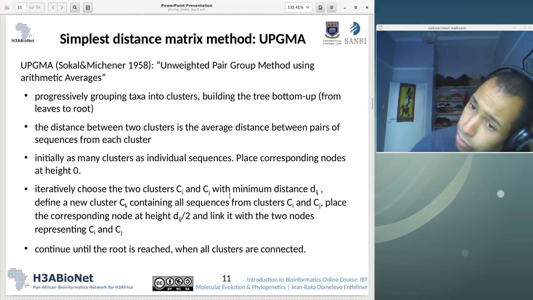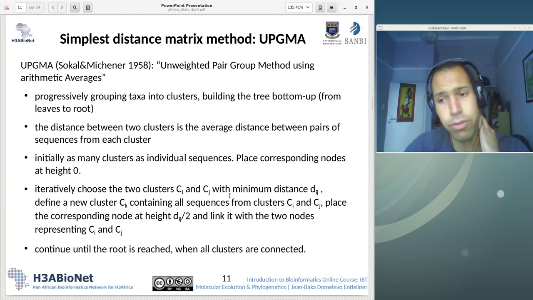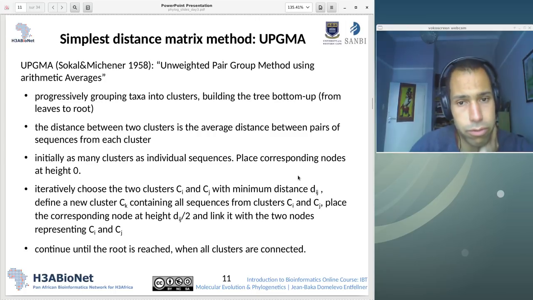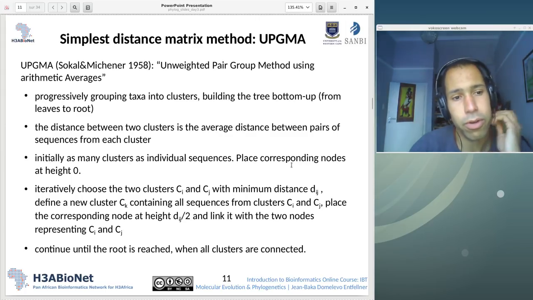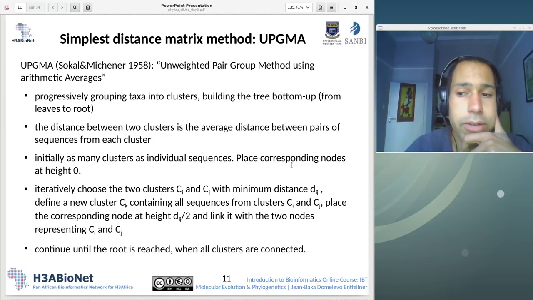So we're going to see in detail the simplest distance matrix methods. Its name is not the simplest, but the technique is quite simple, as you will see. It was designed by Sokal and Michener in 1958, and UPGMA stands for Unweighted Pair Group Method using Arithmetic averages.